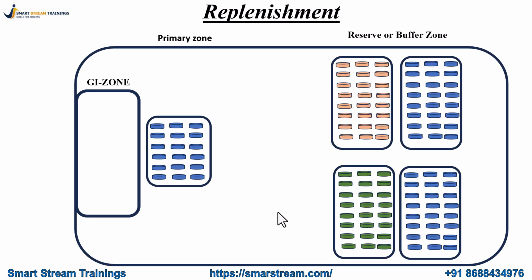The primary zone is where we store the most frequently selling products. So whenever the customer wants that product, we can pick those products from the primary zone and issue them as soon as possible. To reduce the amount of work, we always maintain frequently selling products near to the GI zone. This is called a primary zone.